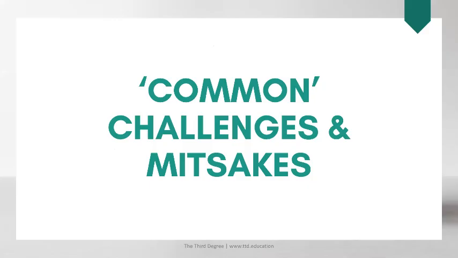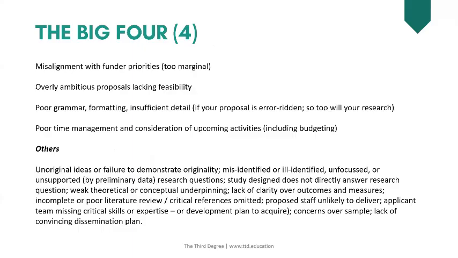So the common challenges and mistakes, let's run through this before we move to budgets. The big four mistakes or challenges: first, you have a misalignment with funder priorities, i.e., you're not close enough to what they need. You've wasted a lot of time, and it's your time you waste, not theirs. You've wasted your time because you've said, well, I like my research, let me try to convince them.